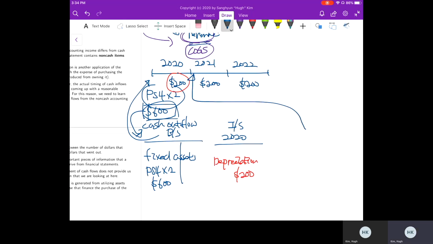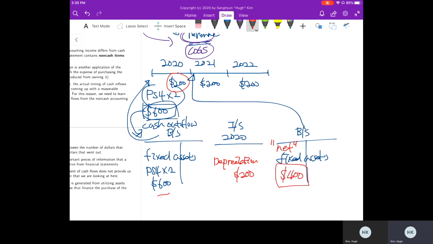Then at the end of 2020, on your balance sheet, the fixed asset is actually net fixed asset, net of depreciation. So net fixed asset is going to be $400.